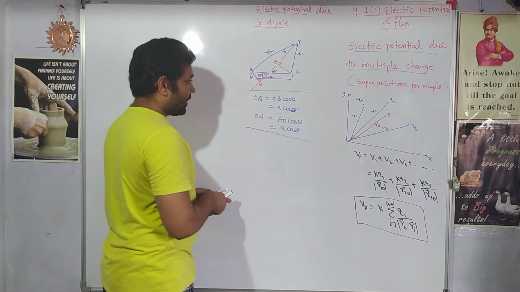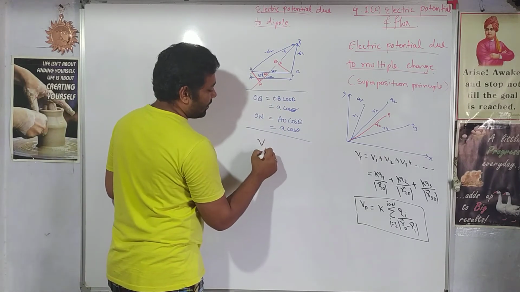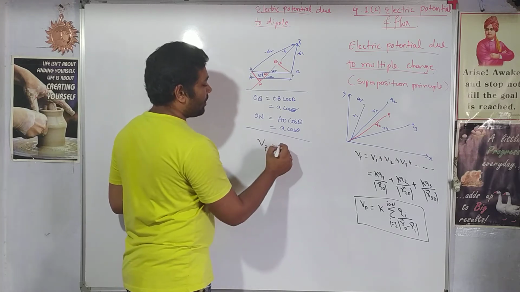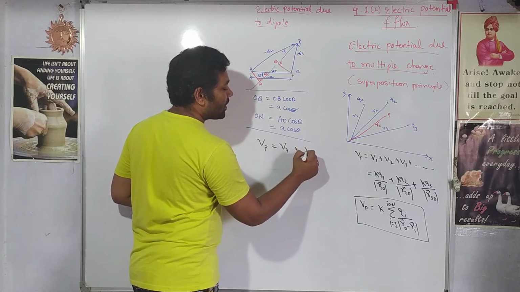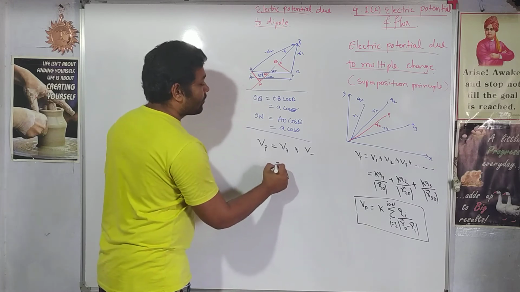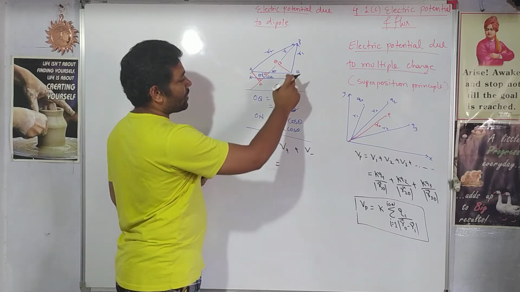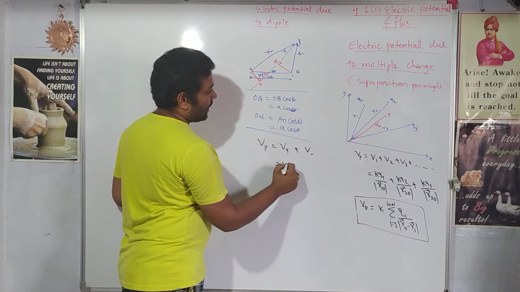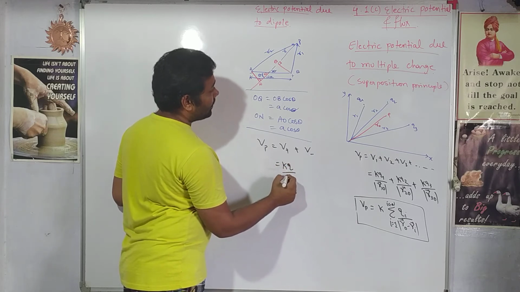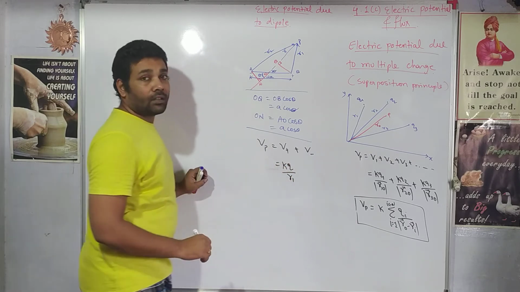Now I want the potential at a point P. So what will be the potential at point P? The potential at point P will be the potential due to the positive charge plus the potential due to the negative charge. What will be the potential due to the positive charge? It will be KQ by R1, right?